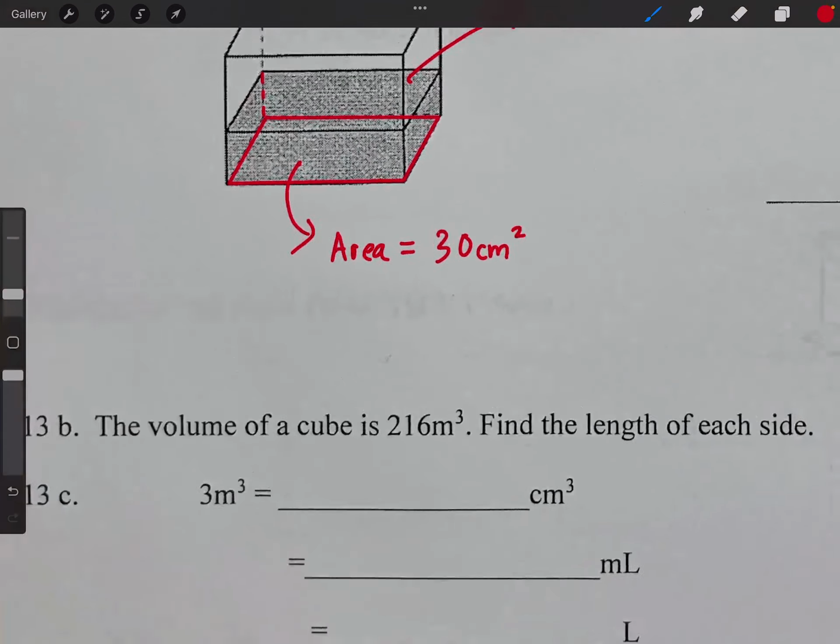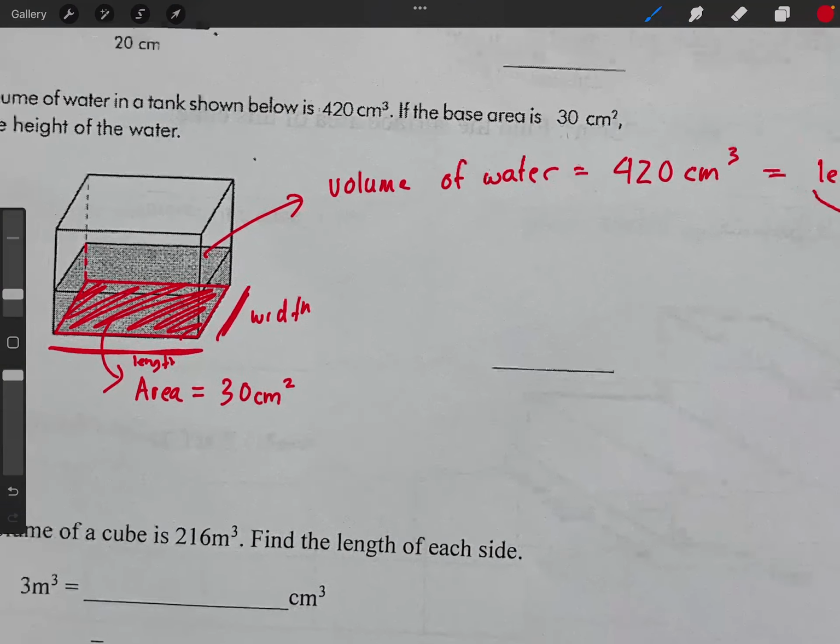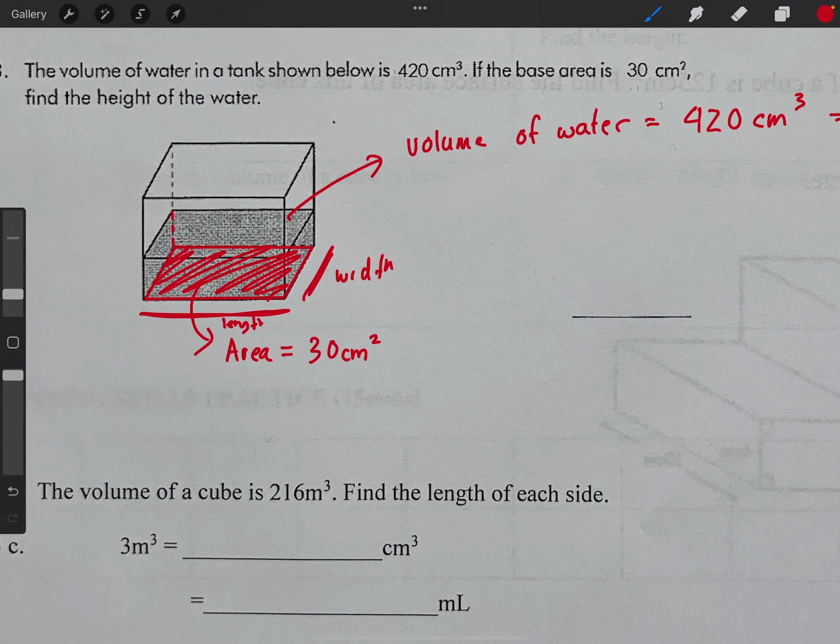Okay, so have a look here. This is the length. That's the length. And this is the width. When you multiply the length and the width, you will get the base area, which is given to us as 30.